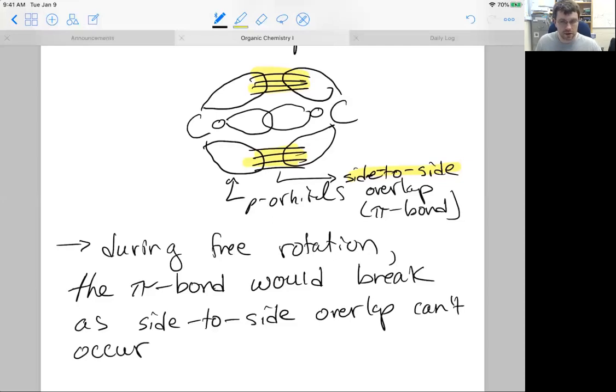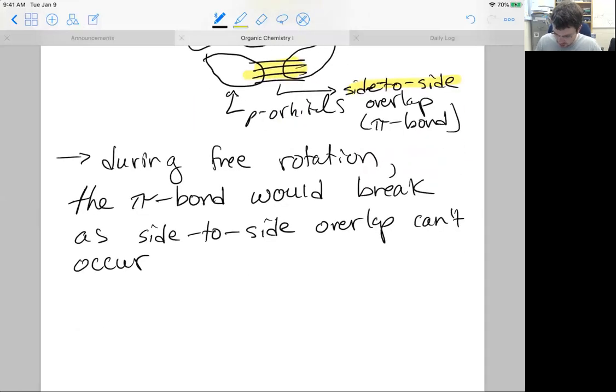For our pi bond to exist, we need to have side-to-side overlap as shown by those yellow lines. And if we have side-to-side overlap, then we can't rotate because all of a sudden our p orbitals are no longer parallel to each other. And if they're not parallel, they cannot do side-to-side overlap, and we can't form a pi bond.